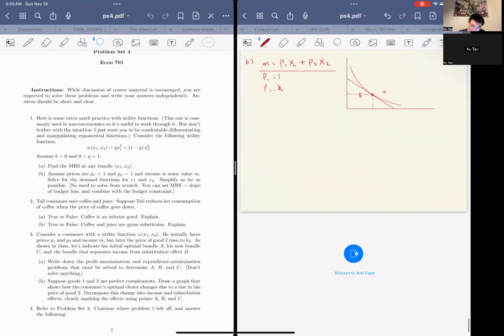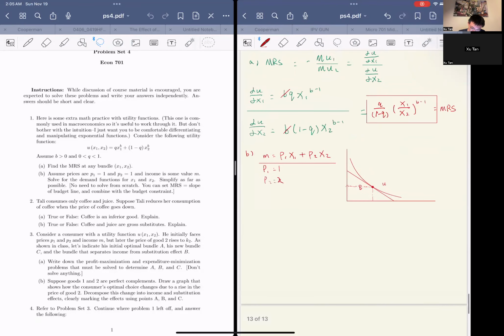So we set the MRS equal to the slope of the budget. Let's find the slope of the budget first.